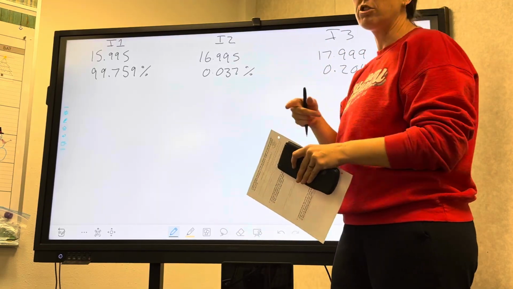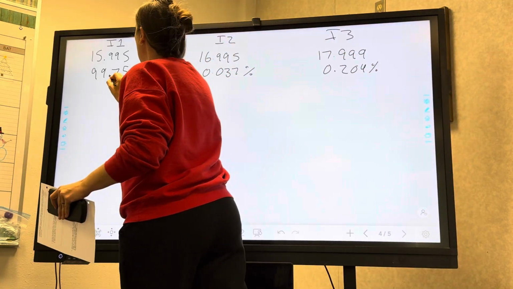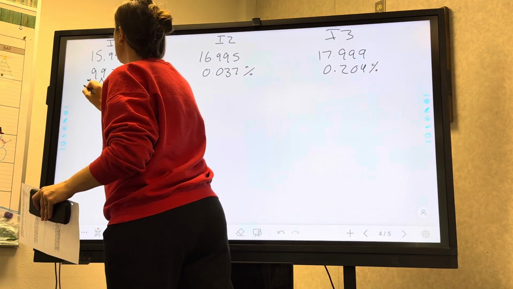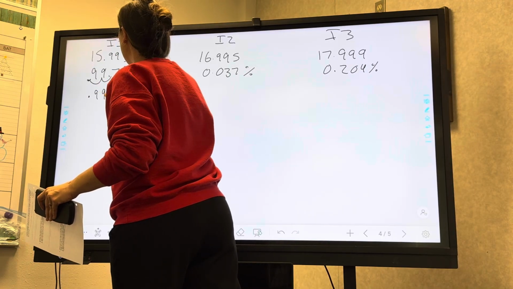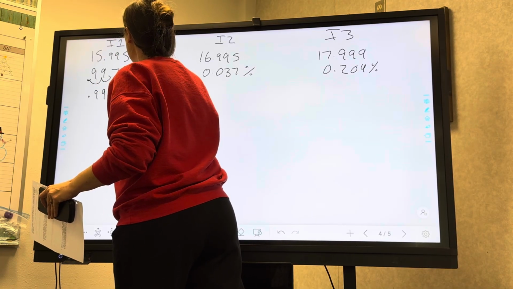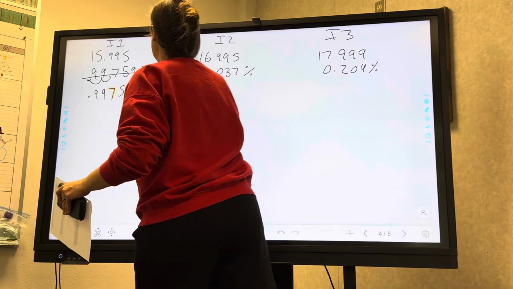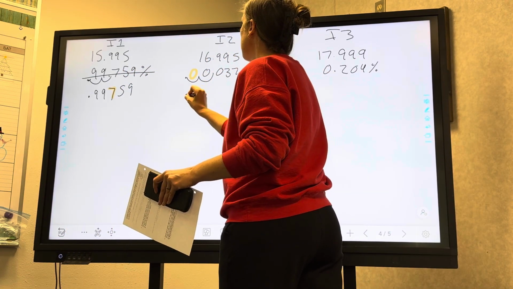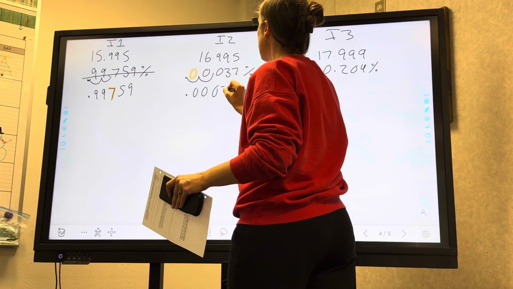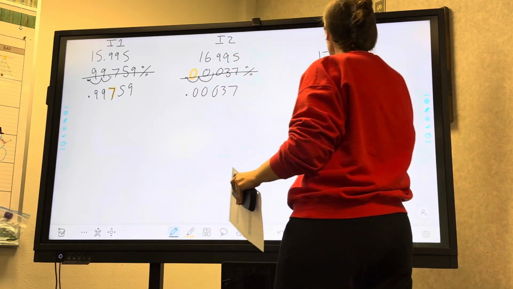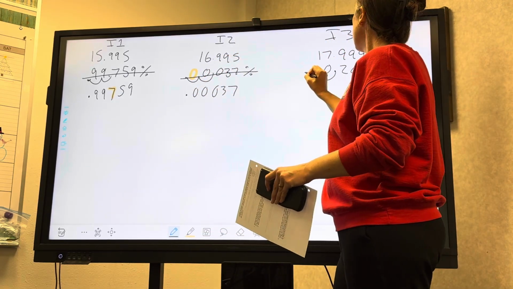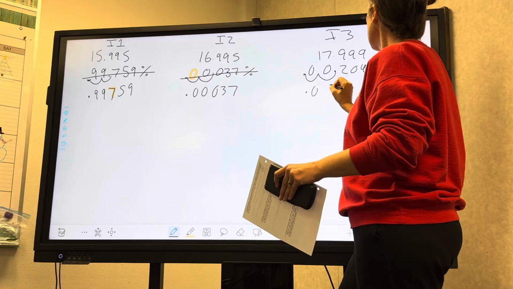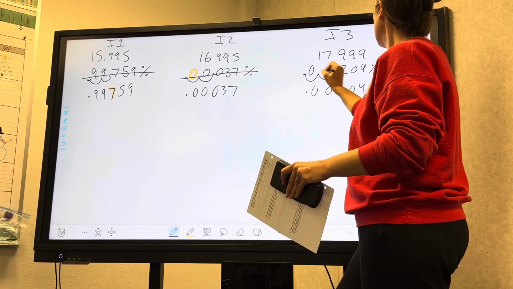Okay, let's change these percentages. Over 2, this becomes 0.99759. Cross that off. Over 2, this becomes 0.00037. Cross that off. Over 2, 0.00204. Cross that off.